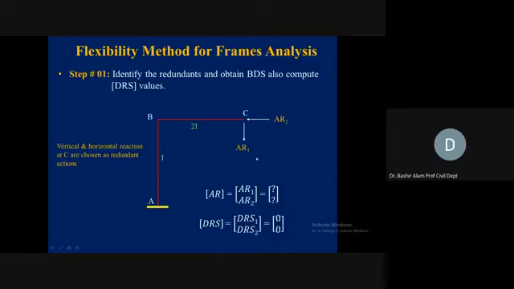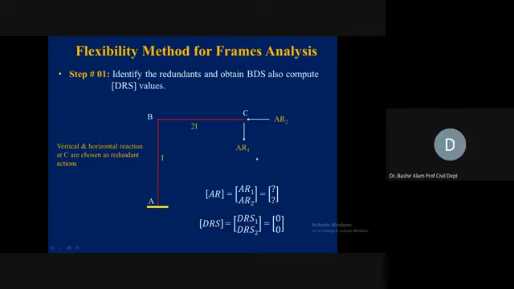Don't waste time thinking whether this is going to be upward or downward, leftward or rightward. Straight away you take one direction and that becomes your positive reference. Finally, you will get a result. If it is positive, it means your assumption was correct. And if it is negative, just reverse the direction because the magnitude will still be okay.